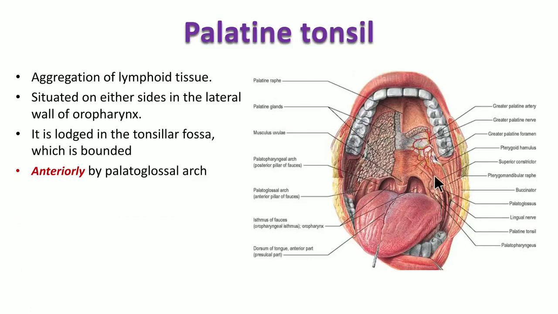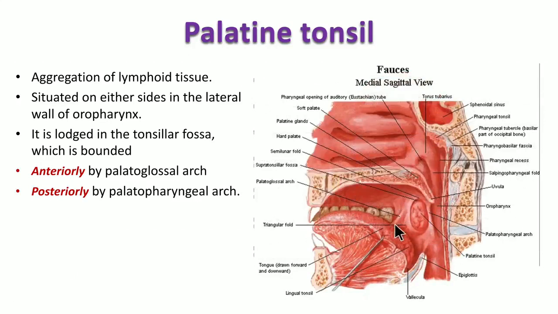So anteriorly the palatoglossal arch and posteriorly the palatopharyngeal arch. The apex is formed by the soft palate where these two arches meet, and the base is formed by the posterior one-third of the tongue.